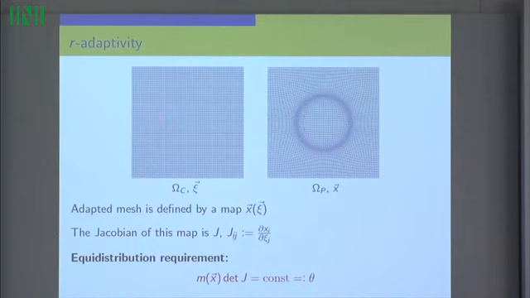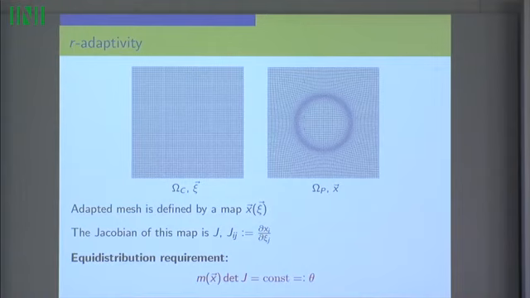Okay, so there we have it. We have the map. The Jacobian of that map will be something, whatever it is, I'll call it J, and then the equidistribution equation becomes m det J is some sort of constant. So that sits underneath everything we do, and as I said, by the Radon-Nikodym theorem, that's not particularly restrictive.